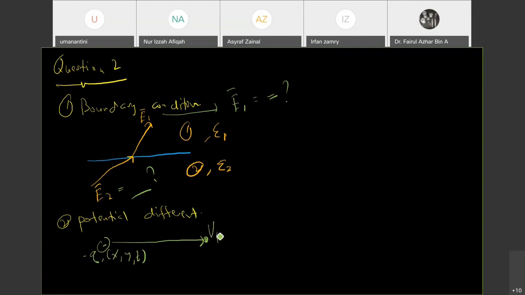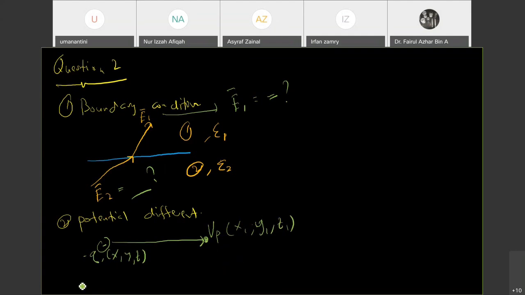Let's say this is VP, located at another position lah. You need to find the potential difference at this particular point.